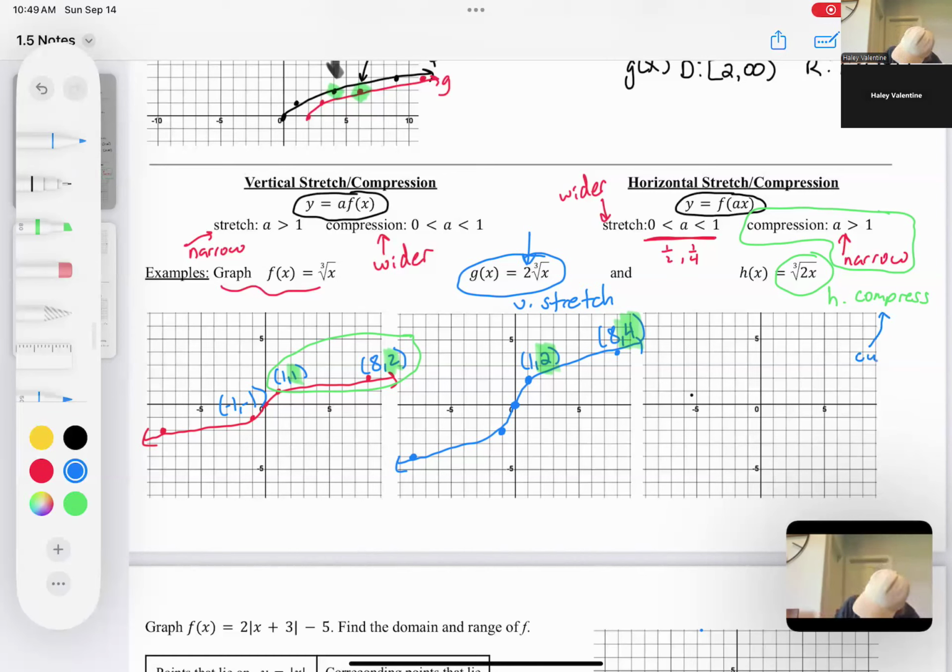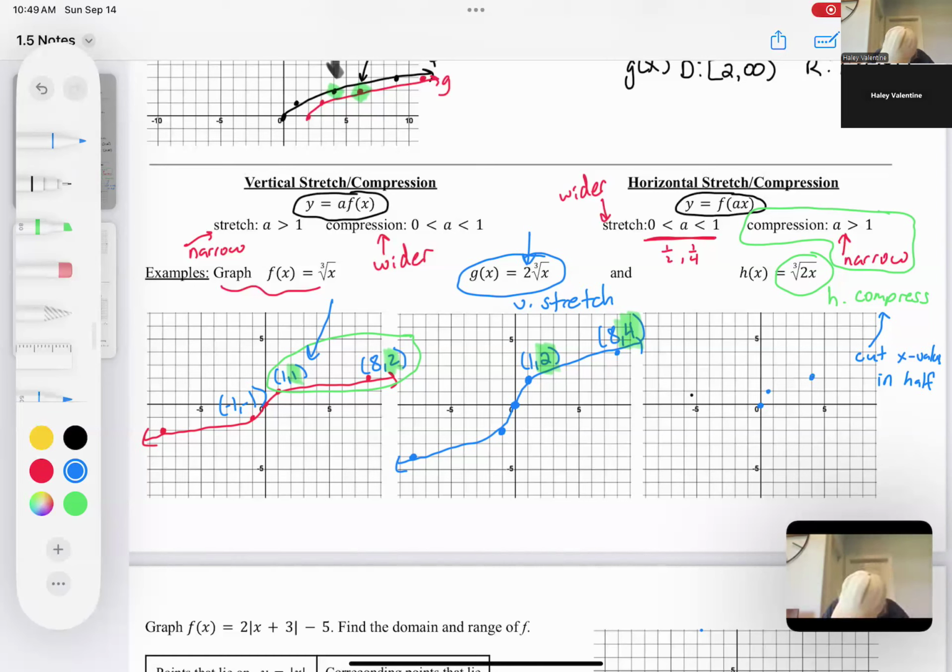This is going to cut x values in half, because it's not multiplying by 2, it's opposite, it's cutting it in half. So instead of the ordered pair I'm referencing in my parent function, instead of (1, 1), I have to take my x value and cut it in half. So it's going to be (1/2, 1). So from (0, 0) to (1/2, 1). Instead of (8, 2), that x value I have to cut in half. It's going to be (4, 2).